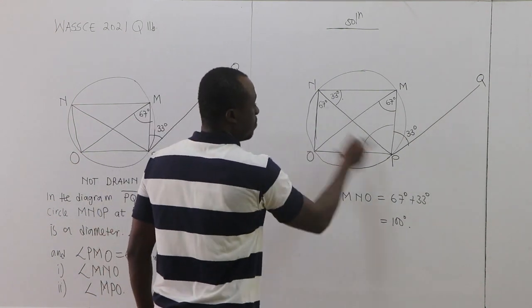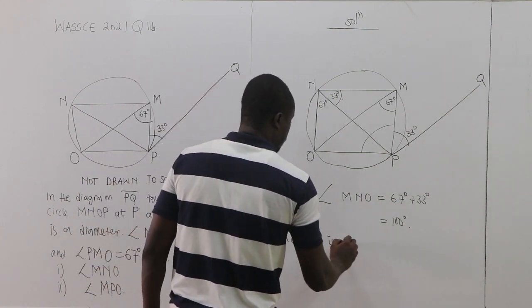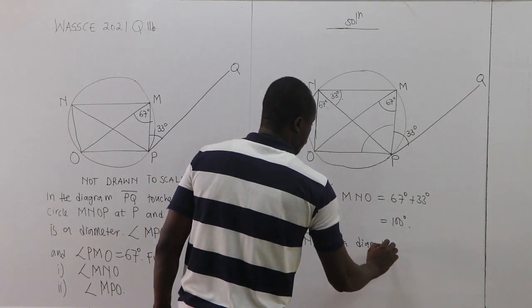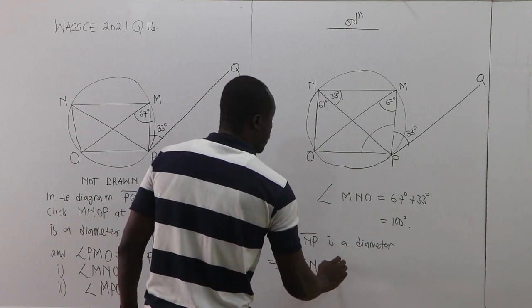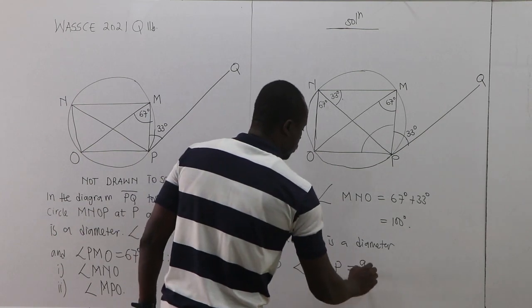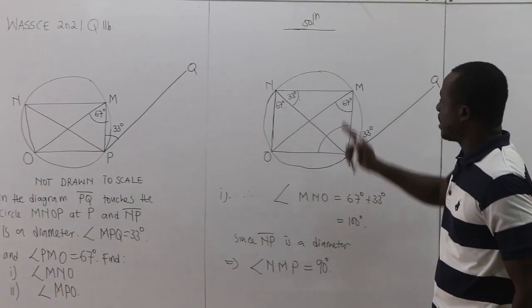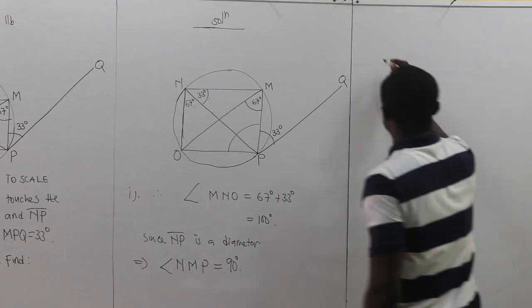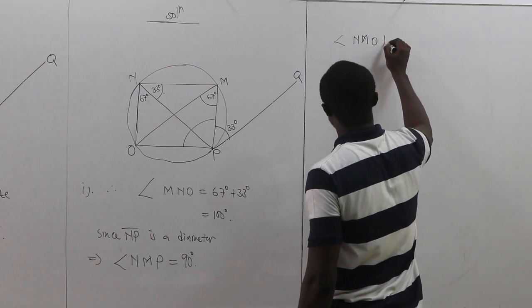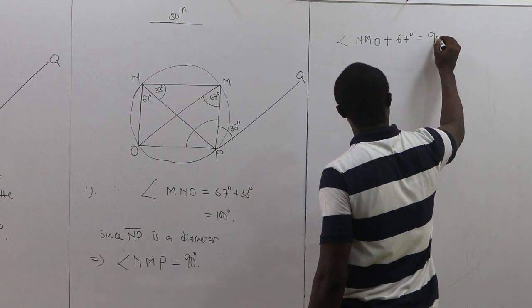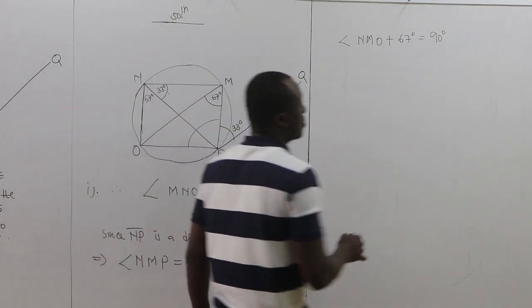So since NP is a diameter, this implies that angle NMP is equal to 90 degrees. So the angle here plus the angle here is equal to 90 degrees. So you can say that angle NMO plus 67 degrees is equal to 90 degrees.